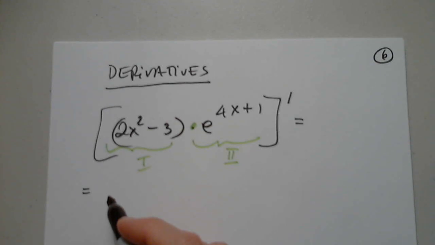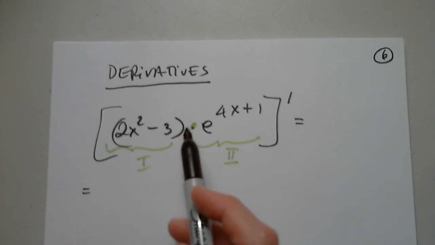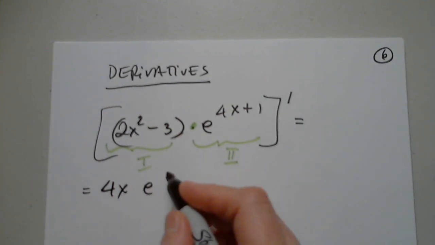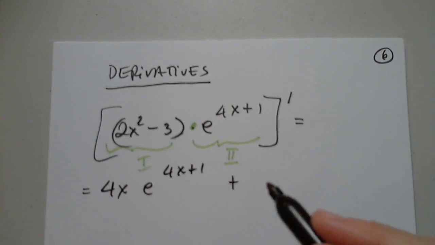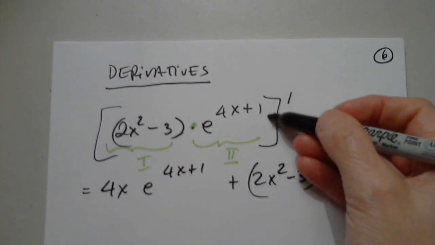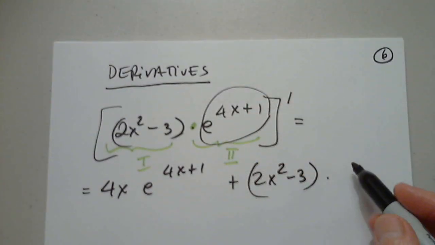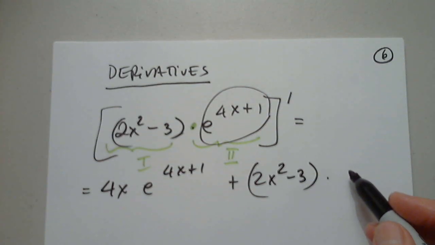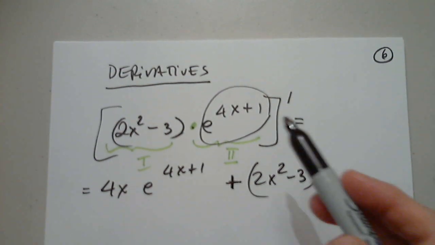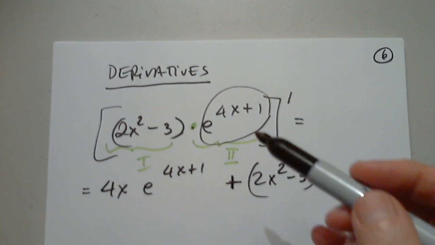The derivative of this. 4x. Excellent. E to 4x plus 1 plus 2x squared minus 3 times, now the derivative of this. Remember, this is plus, not multiplication, right? Please remember, okay? So what is the derivative of e to 4x plus 1?